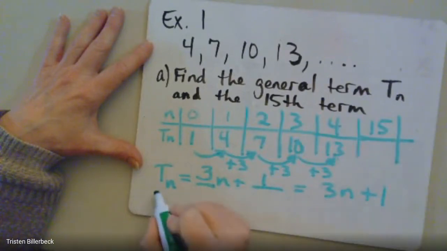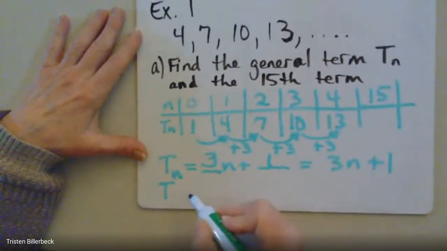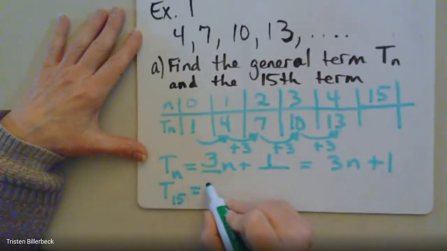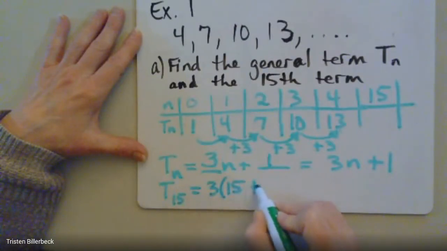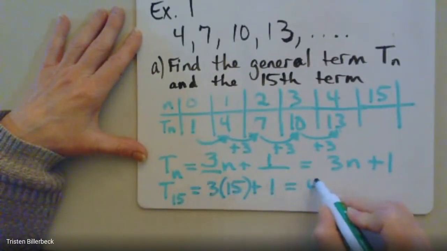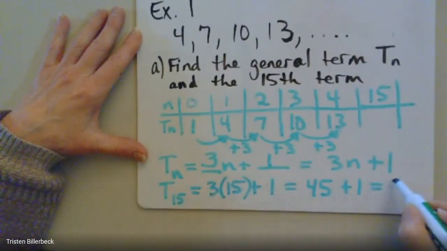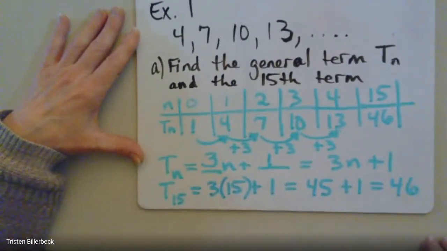Now if we want to find the 15th term, we put a subscript 15, and we have 3 times 15 plus 1, and 3 times 15 is 45, plus 1 equals 46. So now we can write 46 confidently in our little chart.